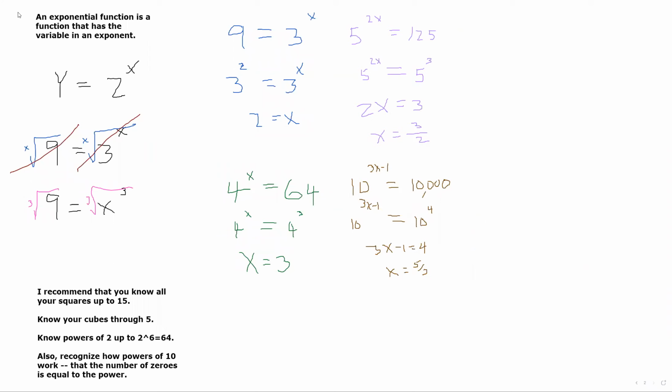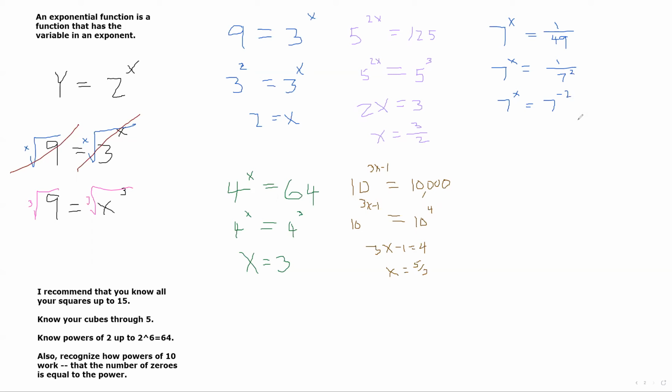First of all, let's remember how negative exponents work. If I were to say 7 to the x is equal to 1 over 49, well, 7 to the x is equal to 1 over 7 squared, or in other words, 7 to the x is equal to 7 to the negative second power.